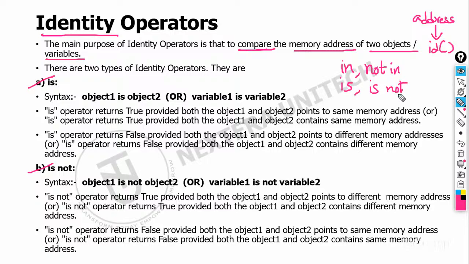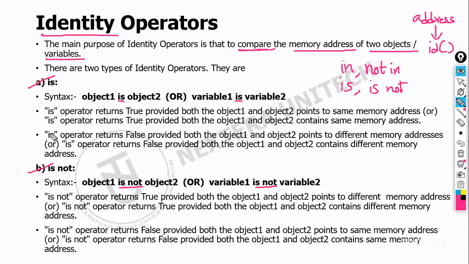The syntax is the same: object 1 is object 2, or variable 1 is variable 2. For is not, object 1 is not object 2. Either I can refer to it as variable or object. I'm just trying to make you understand the syntax of both is and is not operators.